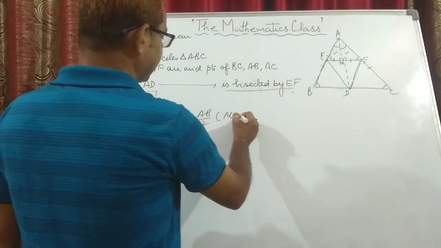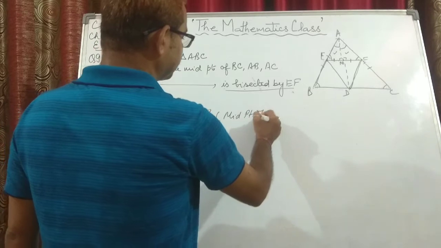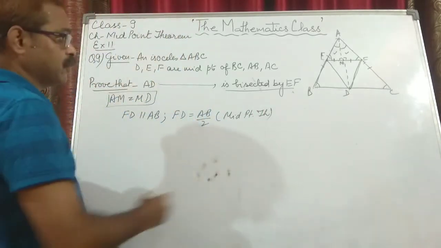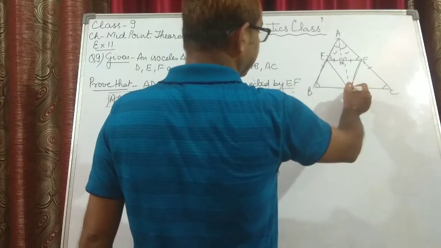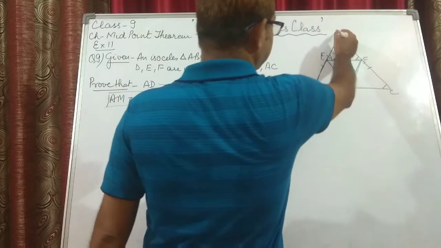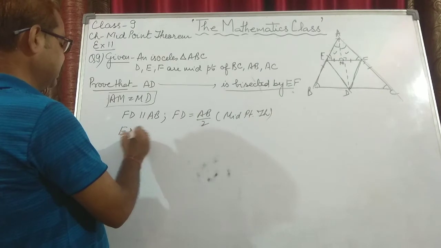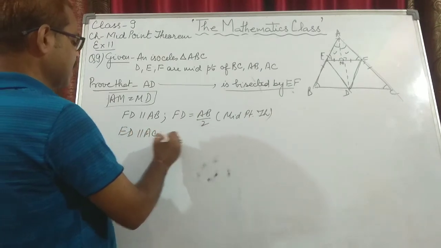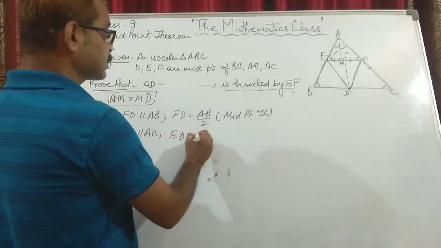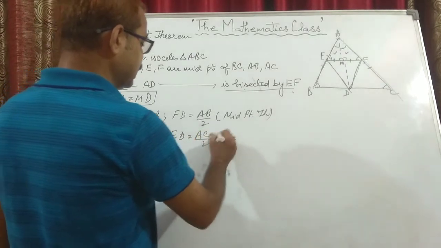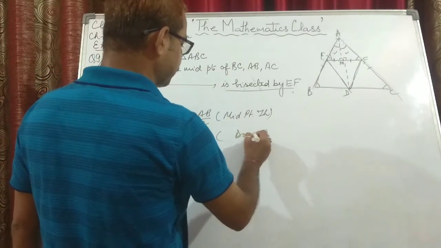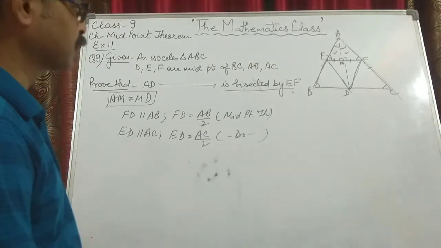Reason is again midpoint theorem. Second point, we can see that E is the midpoint and D is the midpoint, so ED will be parallel to AC and half of AC. I am writing ED is parallel to AC and ED is half of AC, and reason is same, by midpoint theorem.